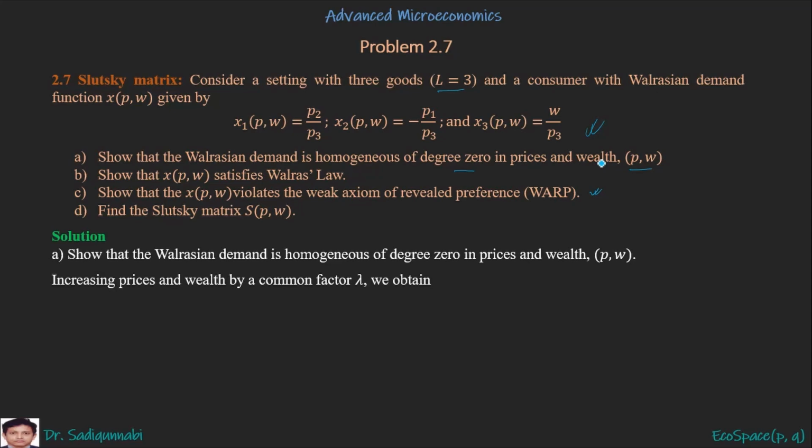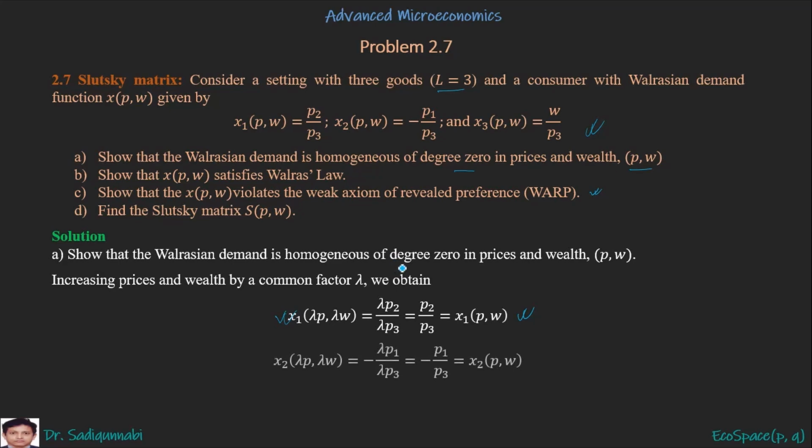In order to show the homogeneity, we need to increase prices and wealth by a common factor lambda in the above three equations. With the common factor lambda, x1 produces the same demand, x2 also produces the same demand, and x3 also produces the same demand.